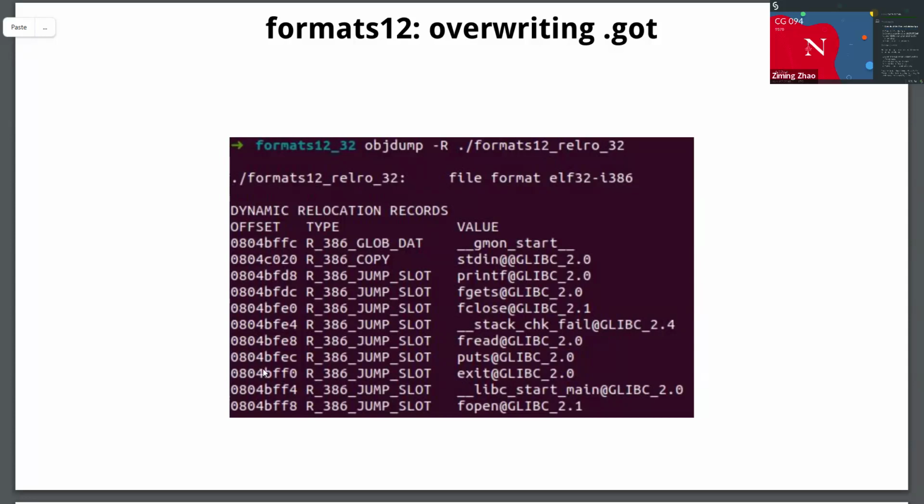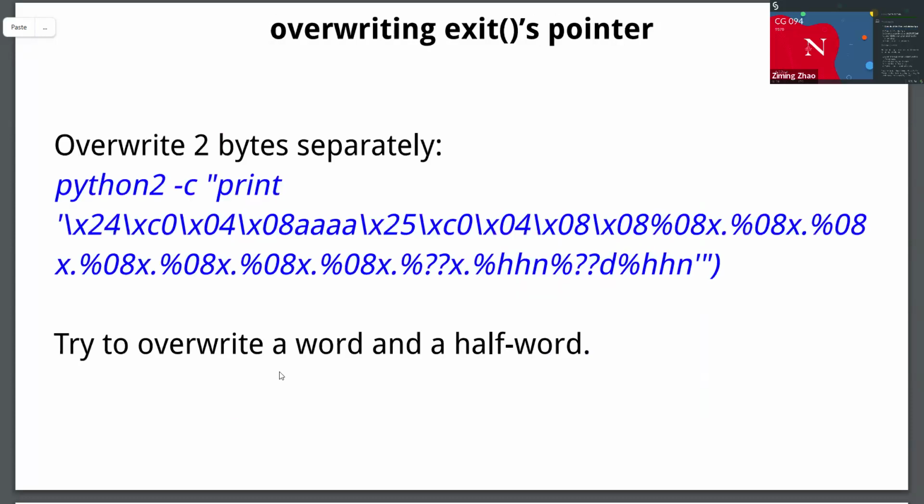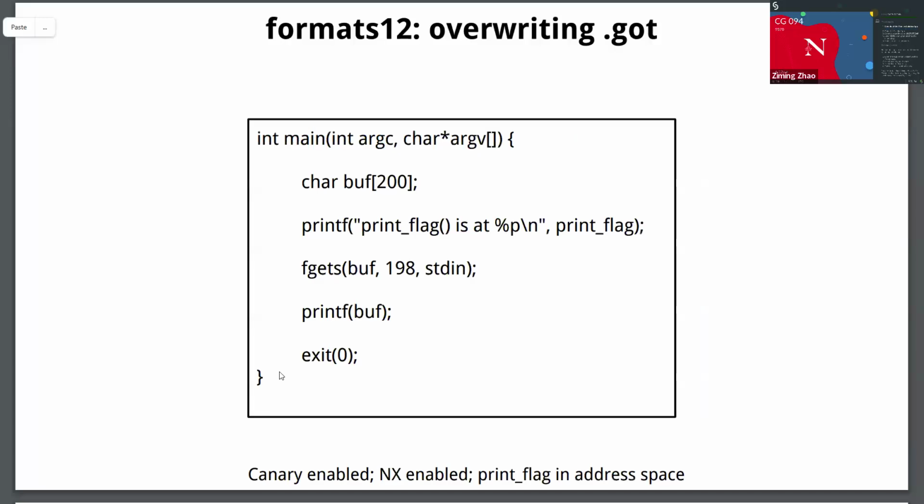Which means this is the address you are trying to overwrite with print flag. So basically there is an exit pointer, and you overwrite it with that. I give you 10 minutes to work on this. As long as you have that idea, it's very simple now. It's the same as the previous one, just a different address.